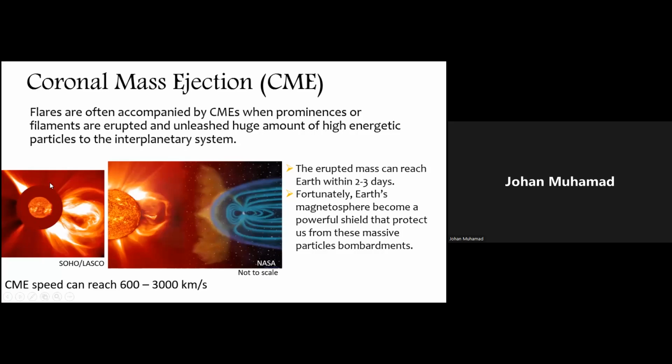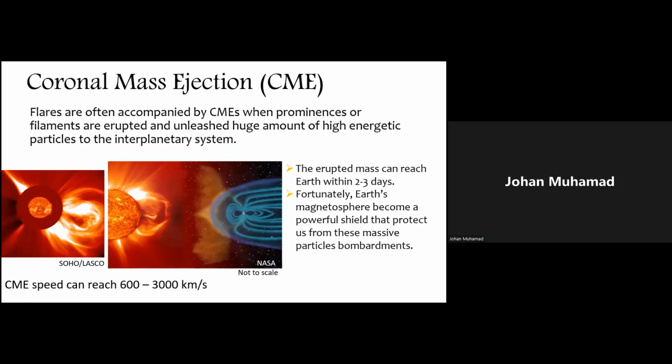It's just mimicking the solar eclipse, so we can see the corona for 24 hours. If we see the sun when a CME happened, then we can see some kind of eruption of the coronal mass like this. And this coronal mass ejection can reach Earth within 2 or 3 days.